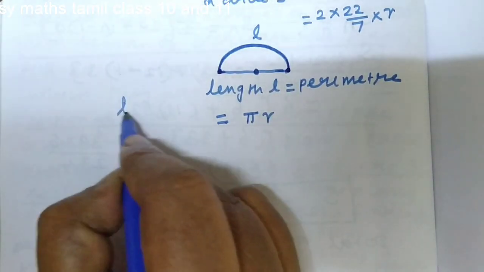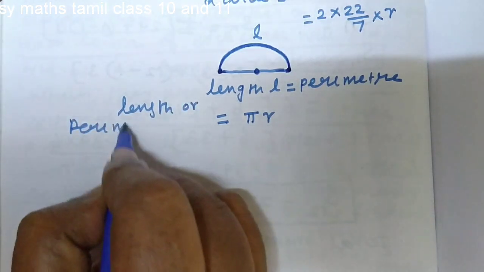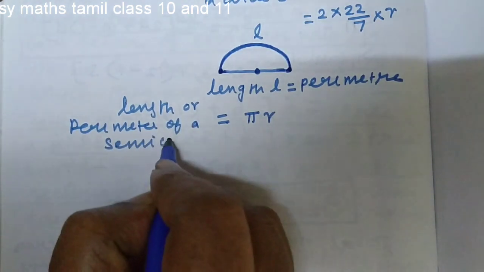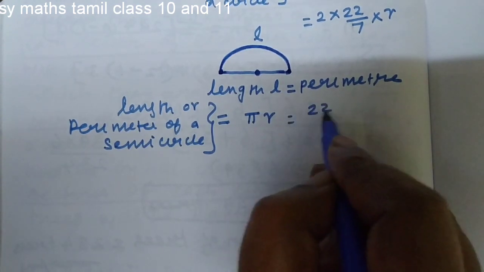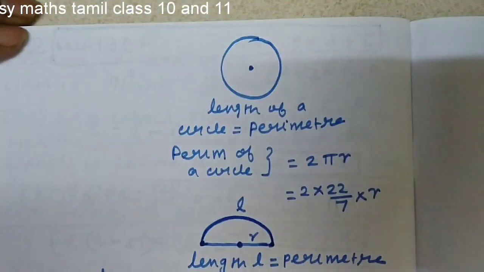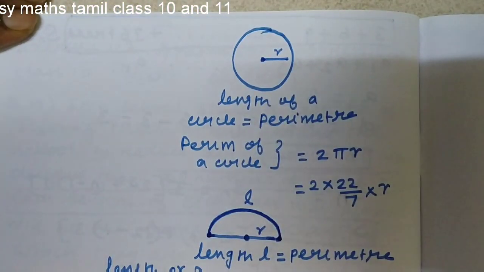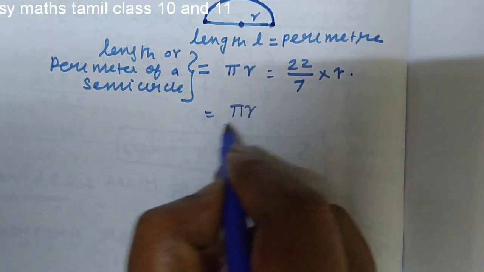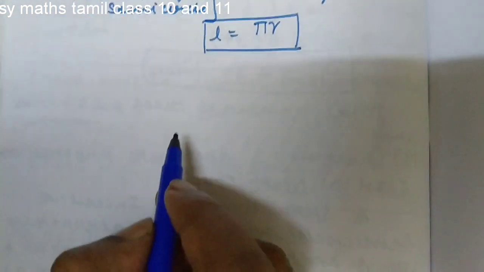The perimeter of a semicircle equals pi into r, 22/7 into r. This is the radius. In a circle this is the radius. So this is pi r. Length is pi r.